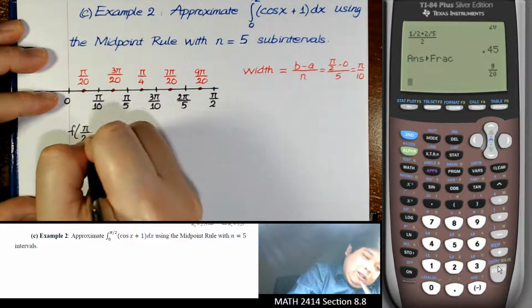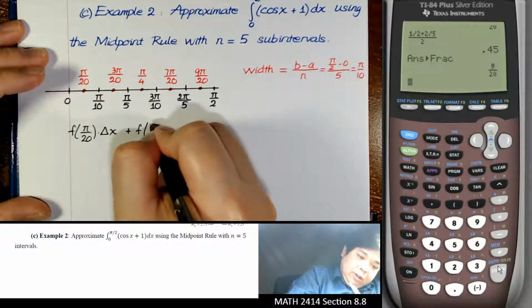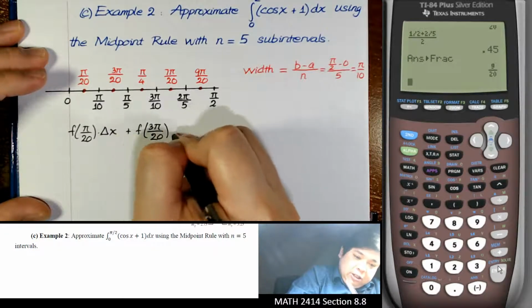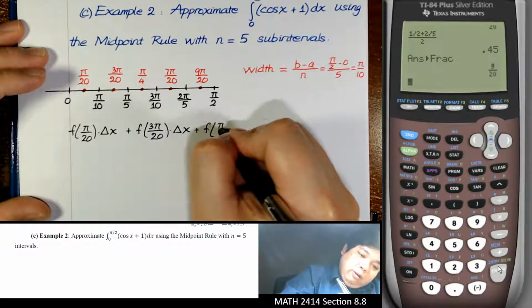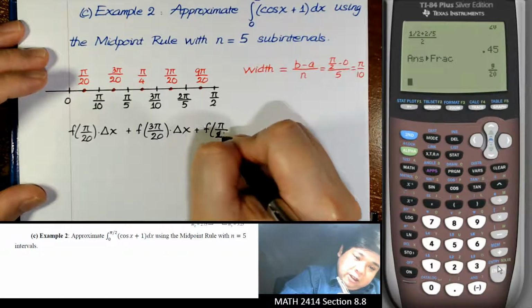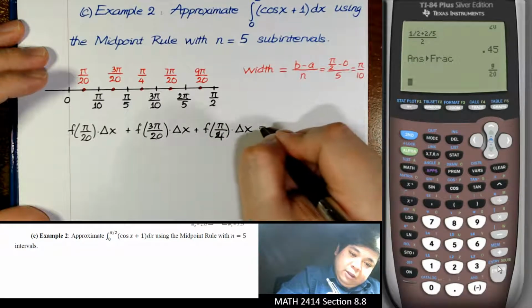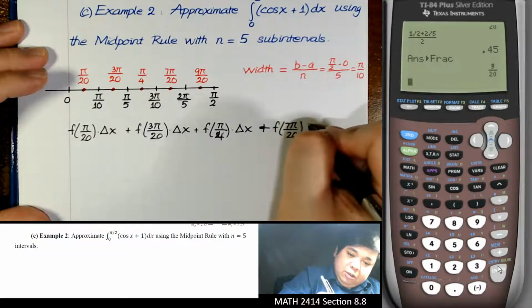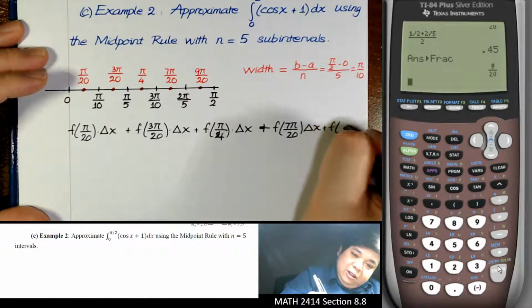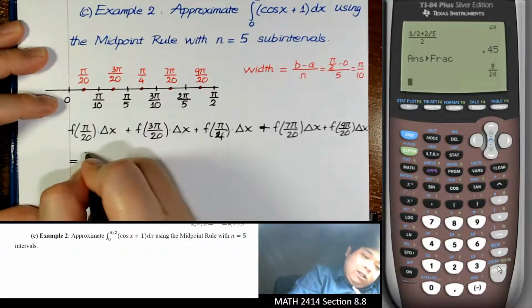So pi over 20 times the width, 3 pi over 20 times the width, 5 pi over 20 times the width, plus 7 pi over 20 times the width, 9 pi over 20 times the width, which will factor out the delta x.